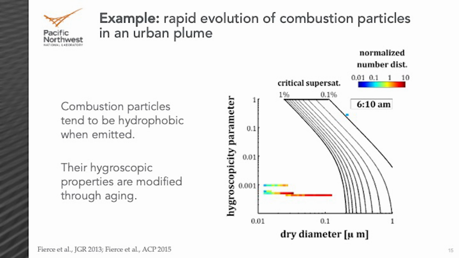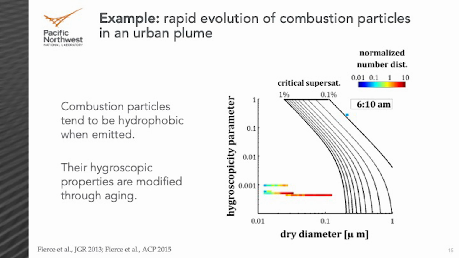This is kind of a complicated figure, but I think it's a really nice illustration of what this model can do for us. So here I've picked out just the combustion particles in a different scenario. This is showing how our model represents these aging processes. At the start of the simulation, we would have these very hydrophobic combustion particles that are really different than the background particles, which would exist in the upper right corner of this space.